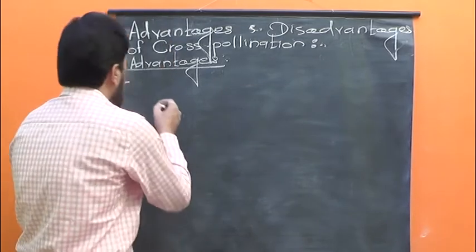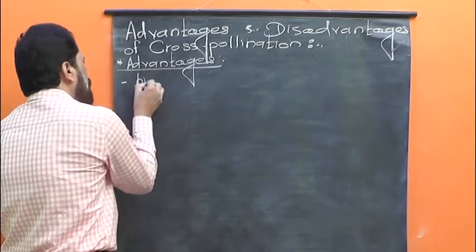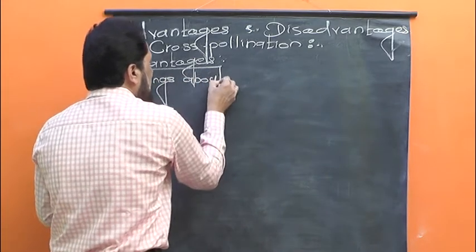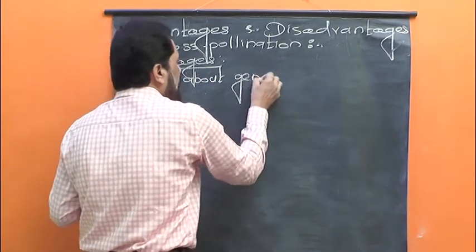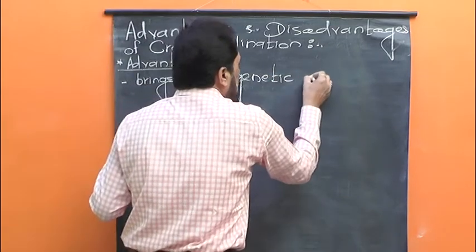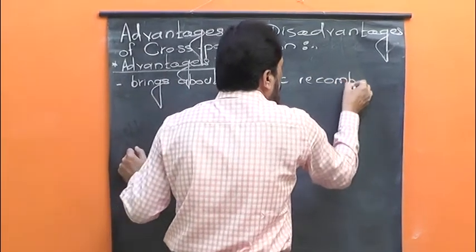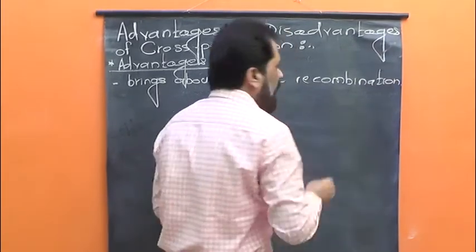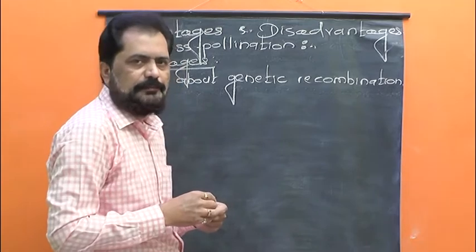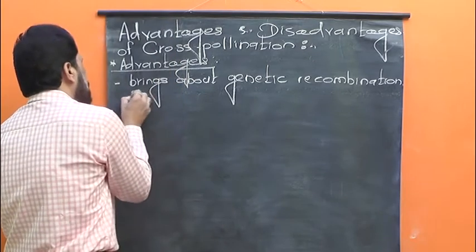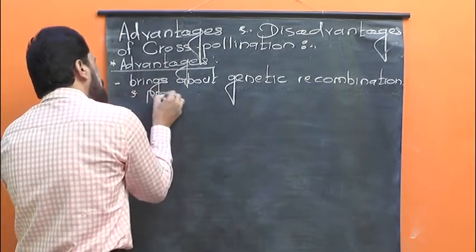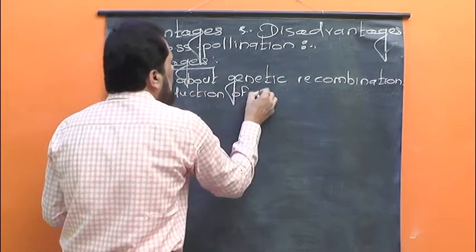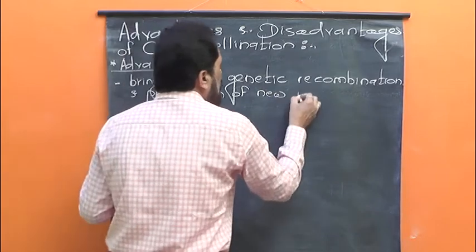So first we can say that cross pollination brings about genetic recombination, that is mixing of genetic material of two different plants, and it helps in the production of new plant variety.